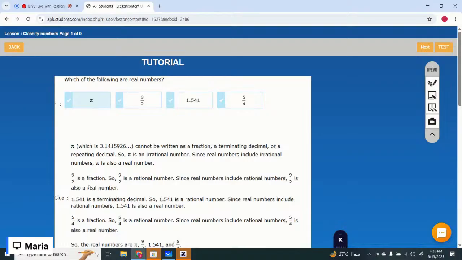Then 9 over 2. 9 over 2 is a rational number, and real numbers include rational numbers, right? So rational numbers are included in real numbers.